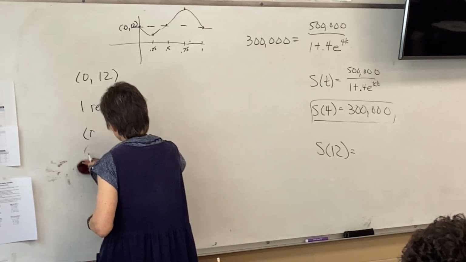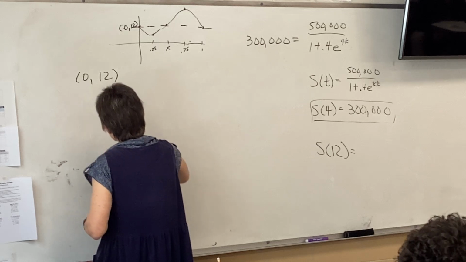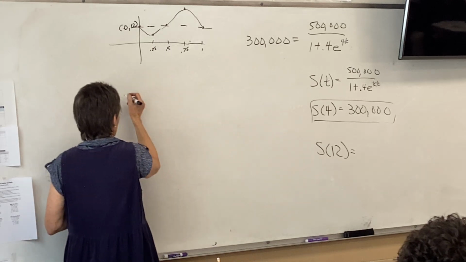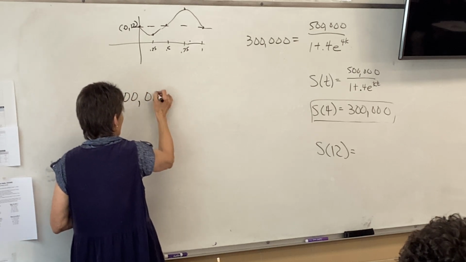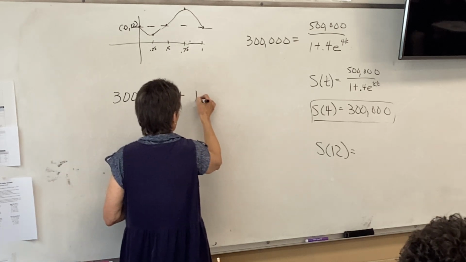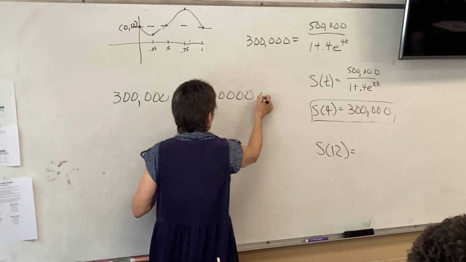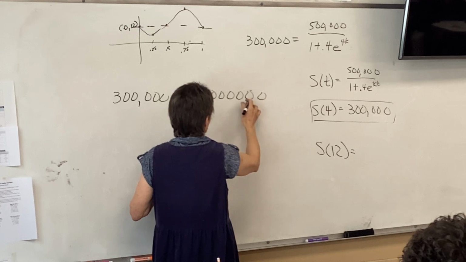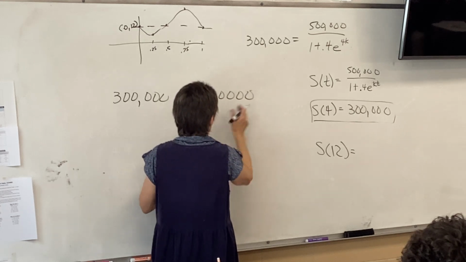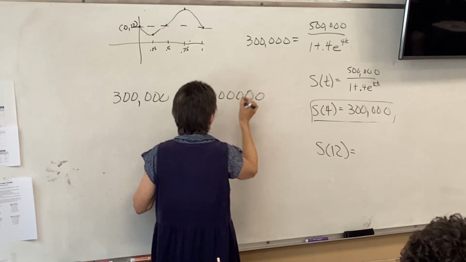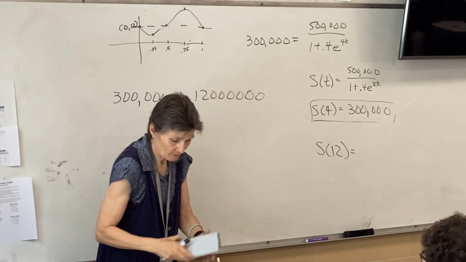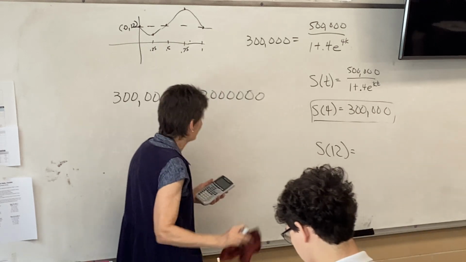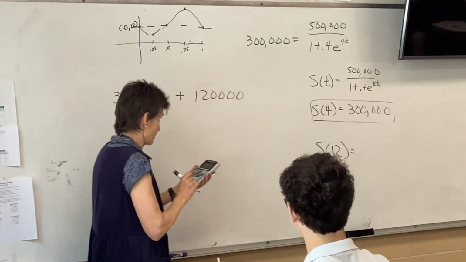Just because it's good practice, this could be a no calculator question with different numbers. To solve that by hand, you would multiply both sides by the denominator. I have no idea if I got the right number of zeros. Probably do that on my calculator. That's not right anyway. I'm just gonna check it.